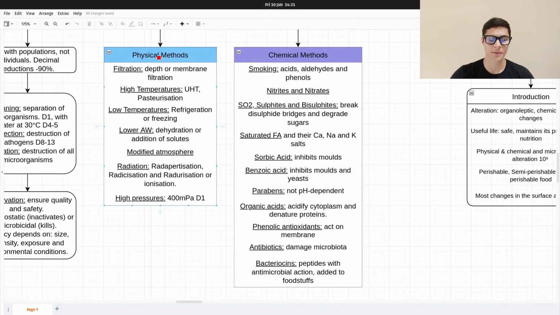And then we have the physical methods and the chemical methods. Physical first.